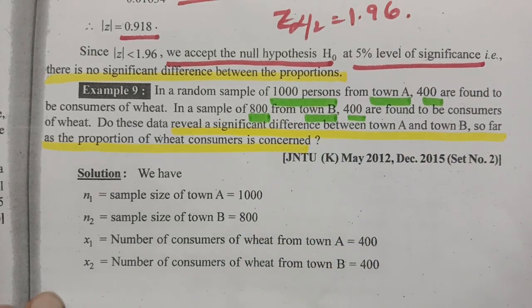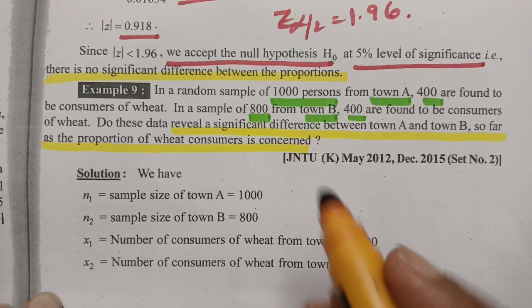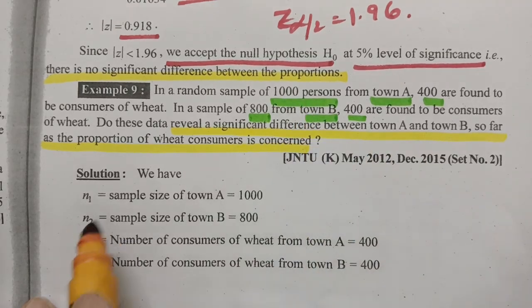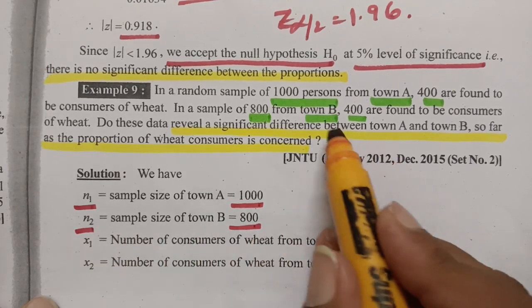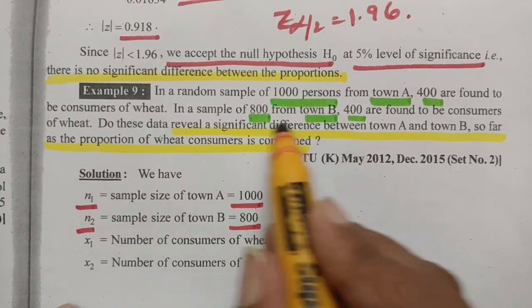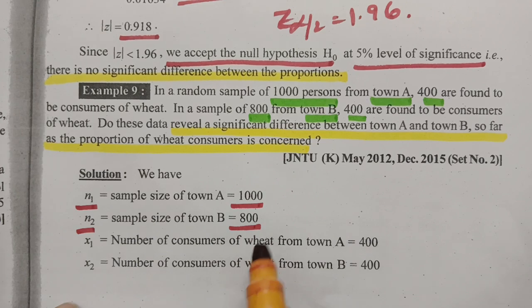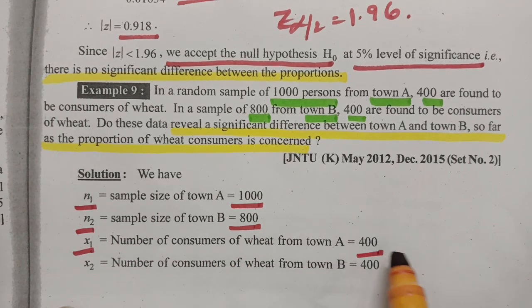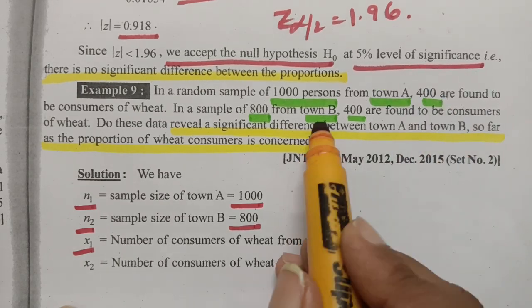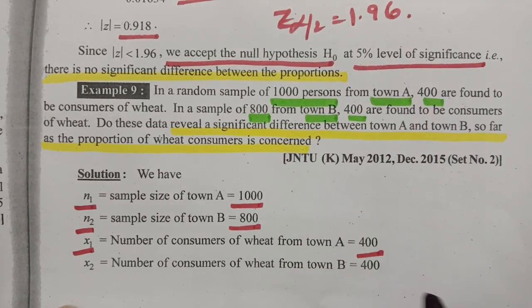So here it is very clear to understand that n1, the sample size of town A, is 1000, and n2, the sample size from town B, is 800. And x1, the number of consumers of wheat from town A, is 400, and from town B, 400 are found to be the wheat consumers.